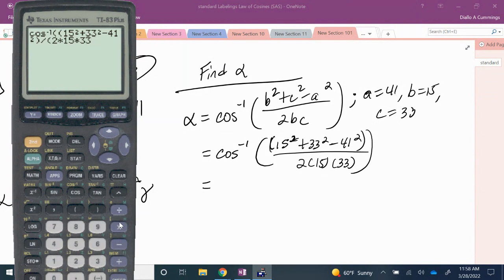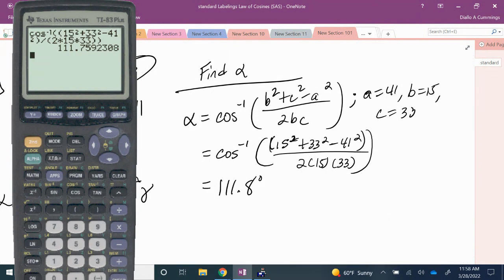I close off the denominator and close off my arc cosine function. Now I hit enter. So we get 111.8 degrees.